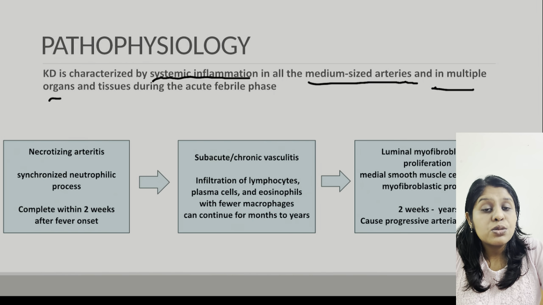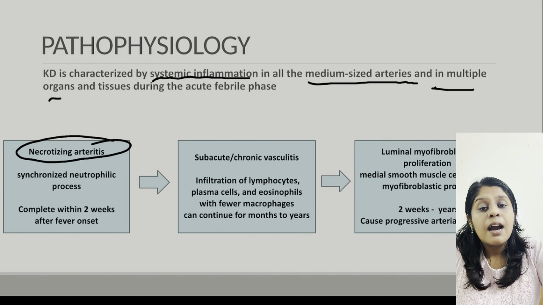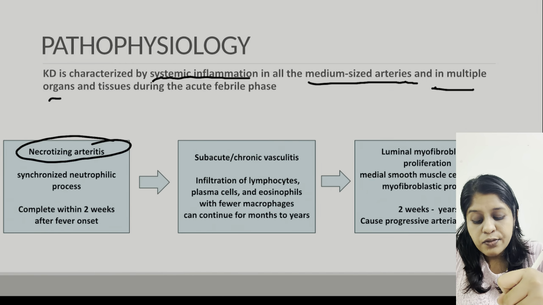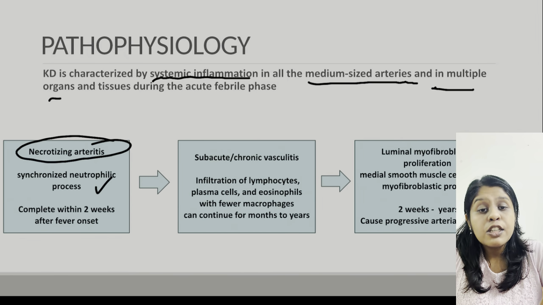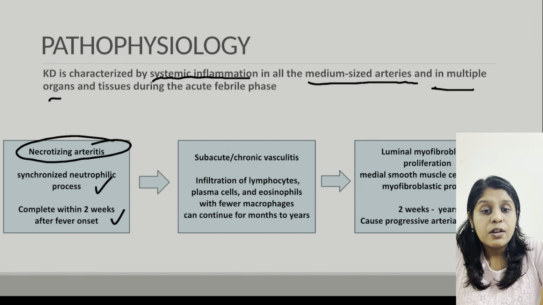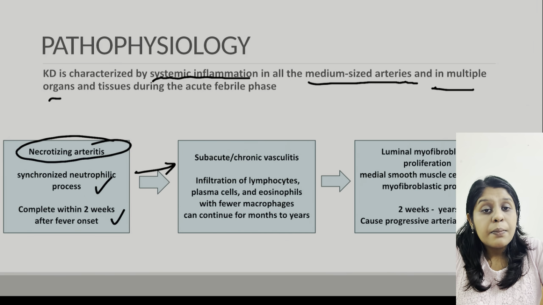So the damage to the medium vessels happens during the acute febrile phase. The first phase is called necrotizing arteritis. In this phase there is a synchronized neutrophilic process that completes within 2 weeks of the onset of fever. Then after the febrile phase it goes to the subacute or chronic vasculitic phase.